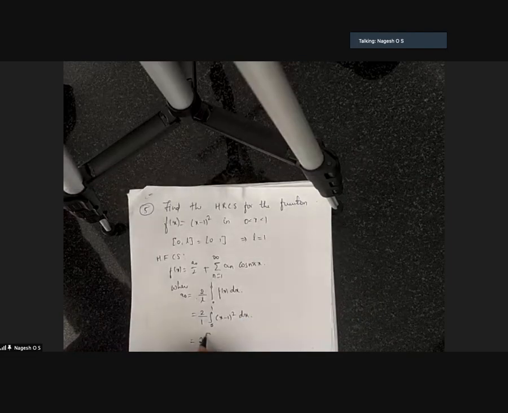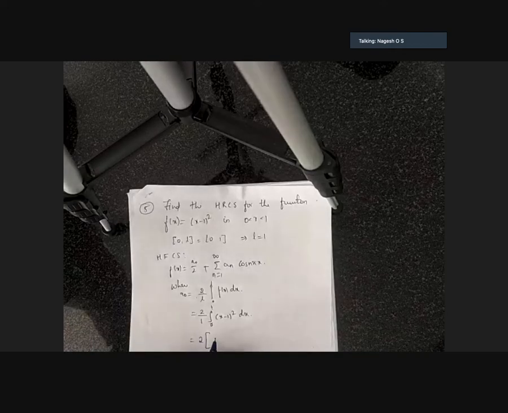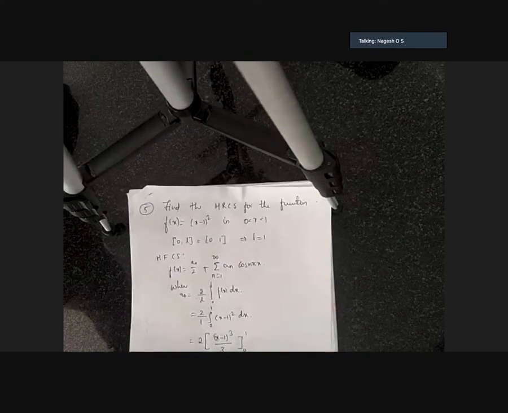So 2 into what is the integration of (x minus 1) whole square? (x minus 1) whole power 3 divided by 3 between limits 0 to 1.